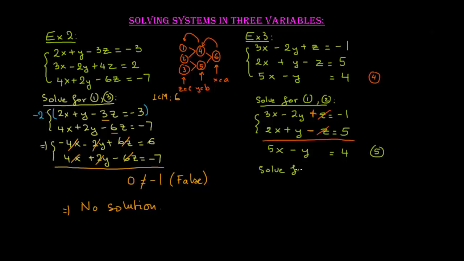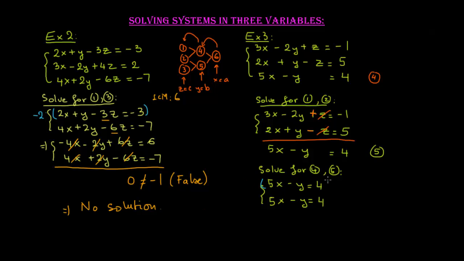Solve for equation 4 and 5. So we have 5x minus y equals 4 for equation 4, and 5x minus y equals 4 for equation 5. We have 2 equations of exactly the same form, but we have to follow the concept and eliminate one of the variables.